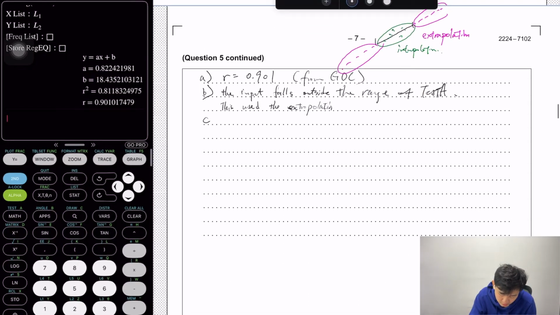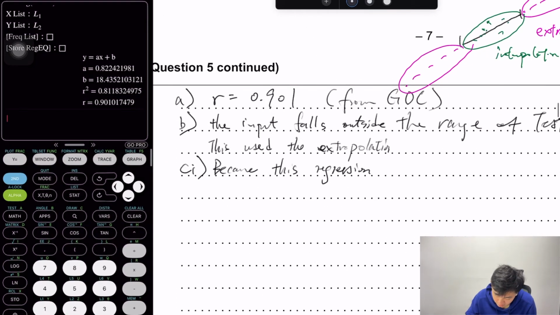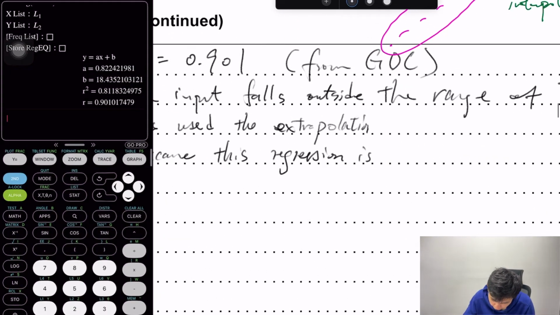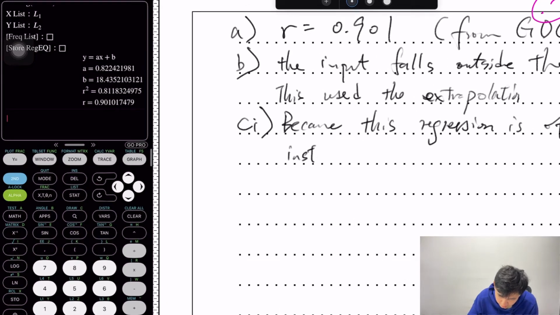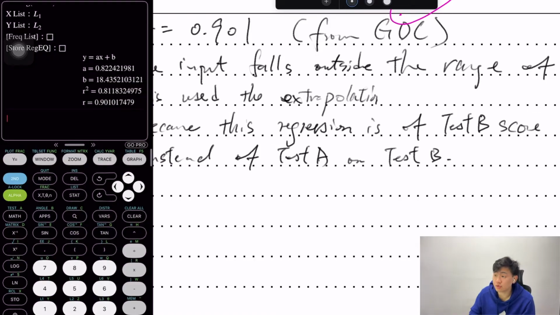So for the reason for C1, your reason should be: because this regression is of test B score on test A, instead of test A on test B. That means you shouldn't use the output to predict the input.